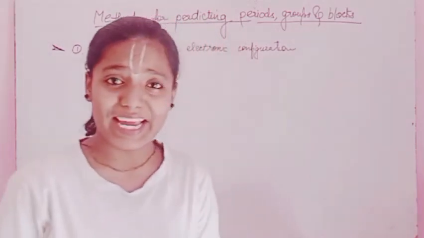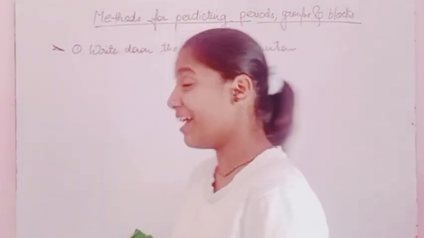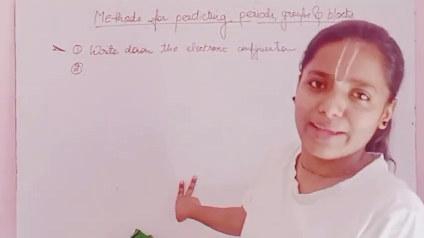And after writing the electronic configuration, what is the thing that could help me tell that everything is crystal clear?